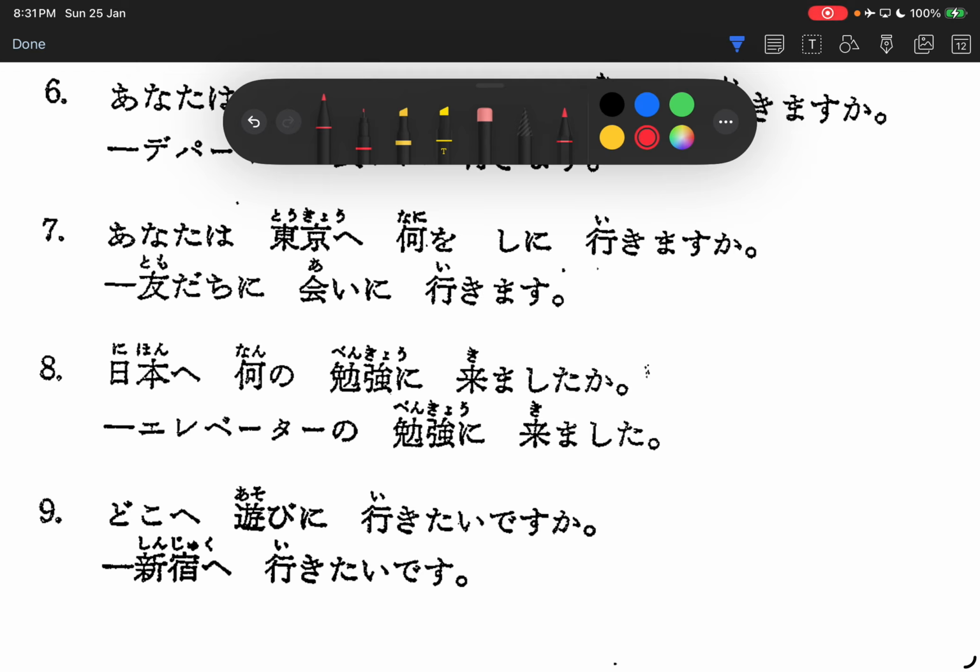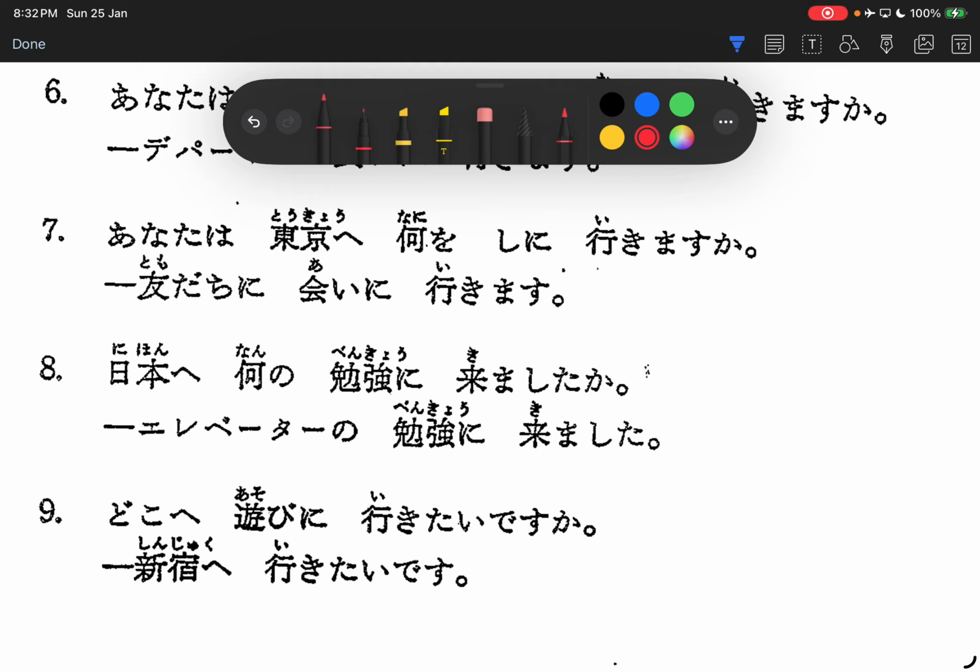This is how we make tennis into a verb. テニスをします。サッカーをします。Same thing. So we change the front part: instead of saying tennis or soccer, we change it to 何. So 何をしますか？何をしに行きますか？ In the end, the translation becomes for doing what you go, 为了做什么而去.